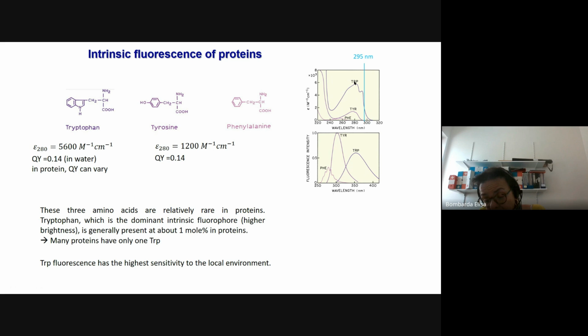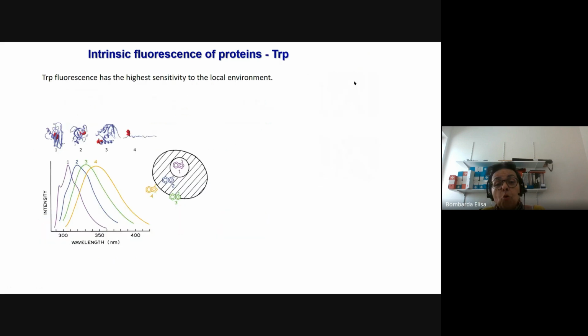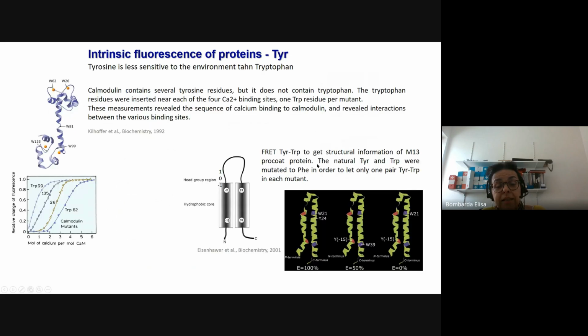And so then we can have a FRET probe, a natural FRET probe in our protein. We can have it, or we can put it by specific mutation.